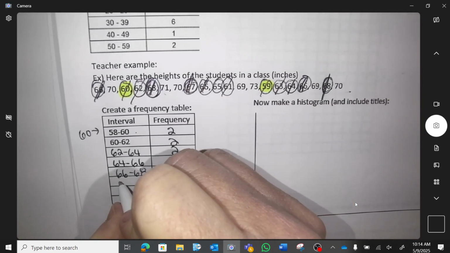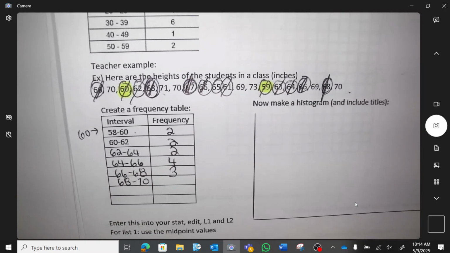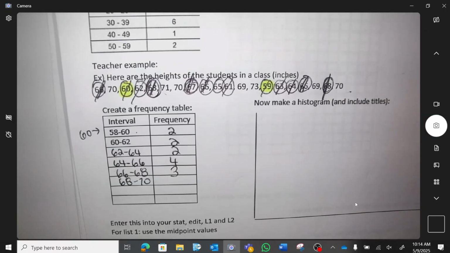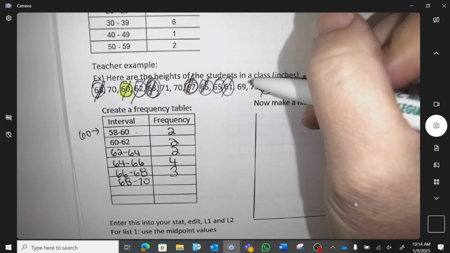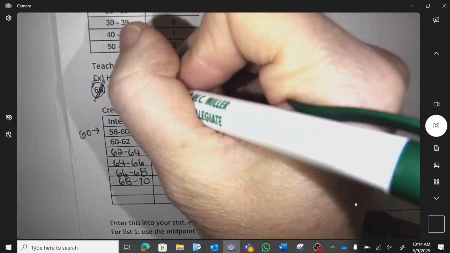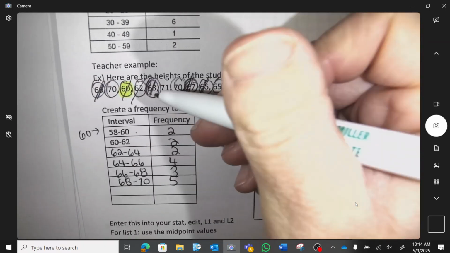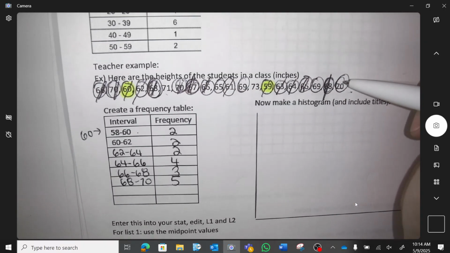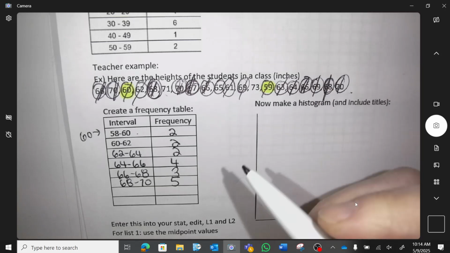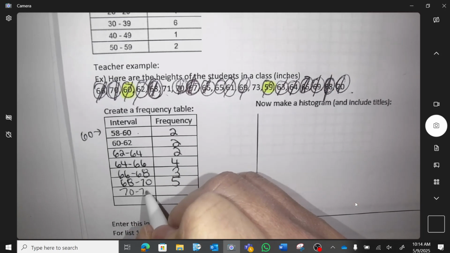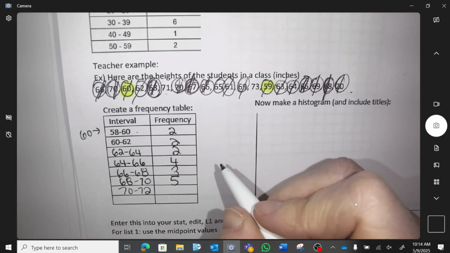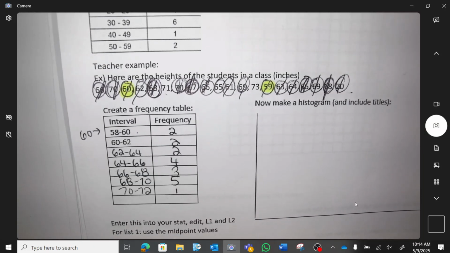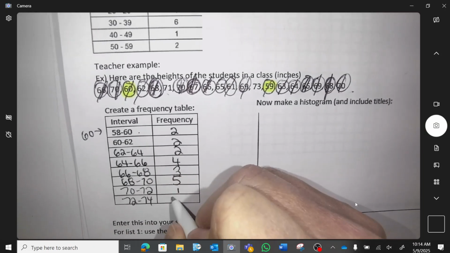Okay. 68 to 70, so 69 and 70 you're looking for. 1, 2, 3, 4, 5, yep. 70 to 72. I got 1 and 1.